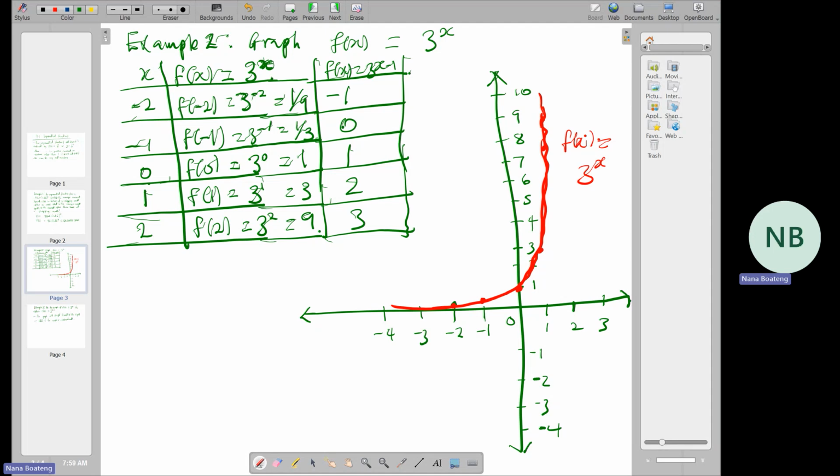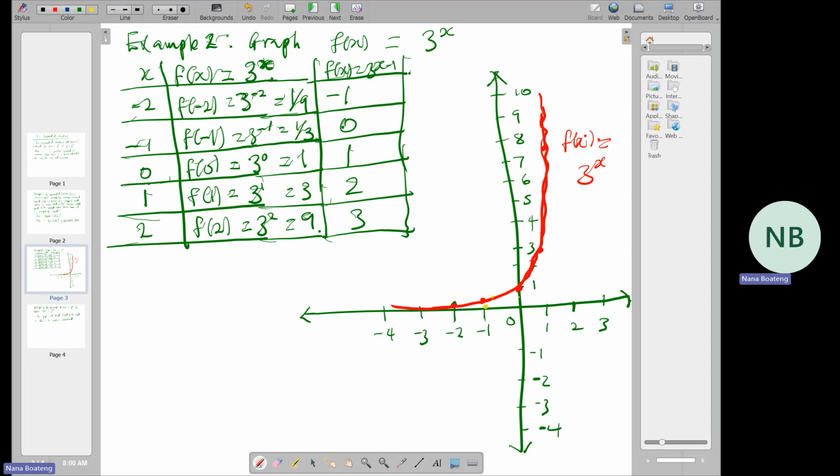So we can use these points to plot the graph now. When x is -1, y is 1 over 9, which is just about here. When x is 0, y is 1 over 3.